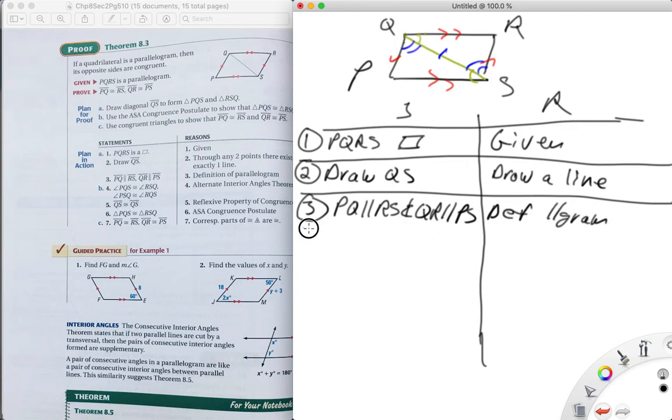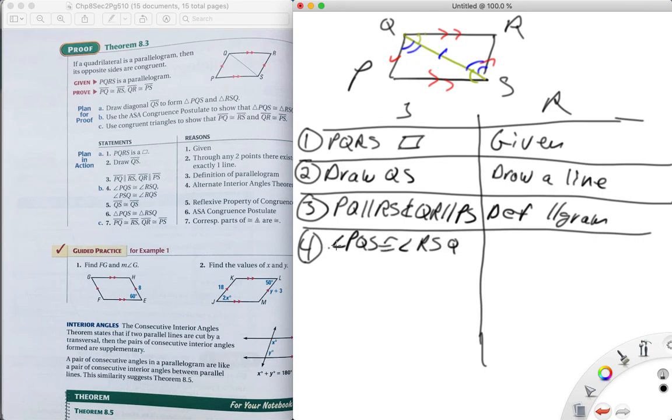And then for number 4, I can say that angle PQS is congruent to angle RSQ.